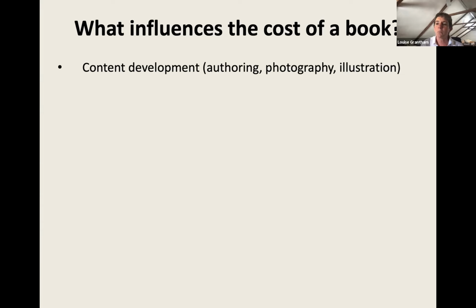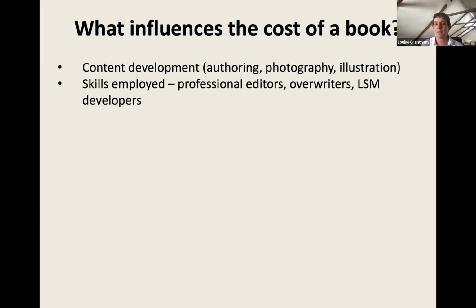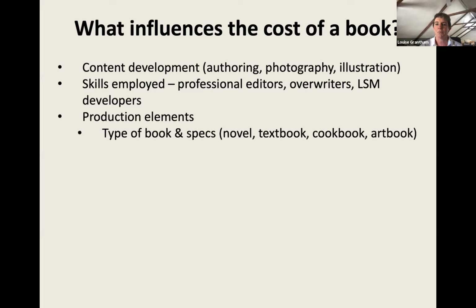When you get into more specialist subjects, there may be other specialists involved in that content development. Then you've got the skills employed: professional editors, overwriters, learning support material developers. Again, it depends on the book that we're talking about as to what skills are needed to develop that book.